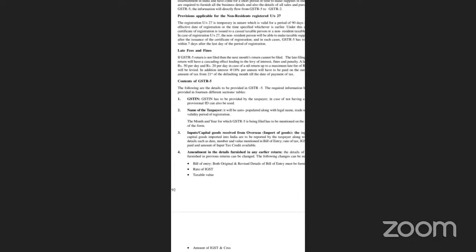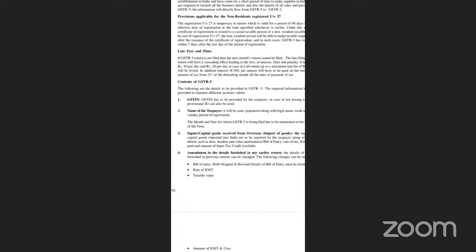And in case he need not pay any tax, but he has to file the return and he could not do it within the time limit, in such a case the fine is 20 rupees per day because the return is a nil return, and the maximum penalty will be up to 5,000 for the late payment.